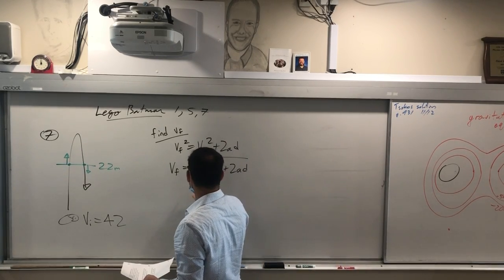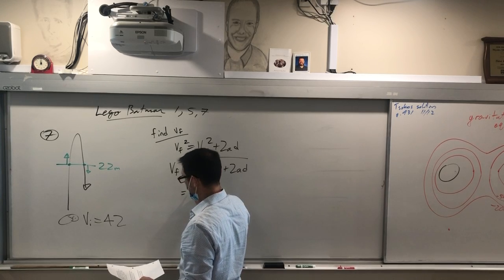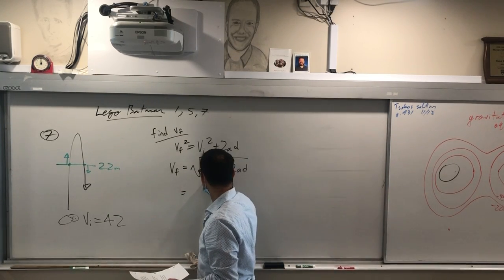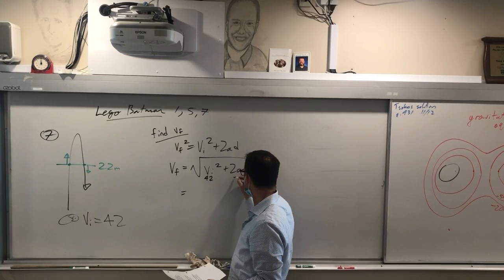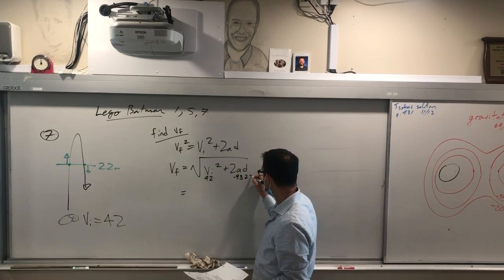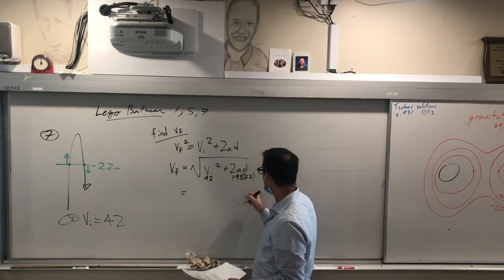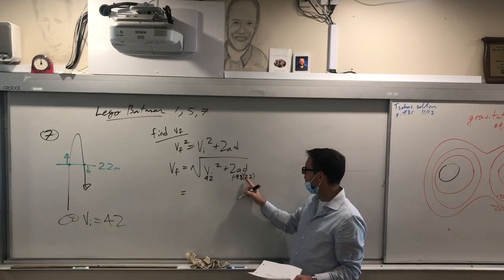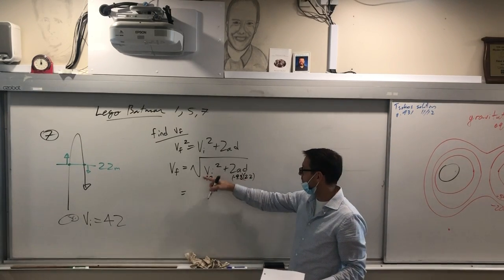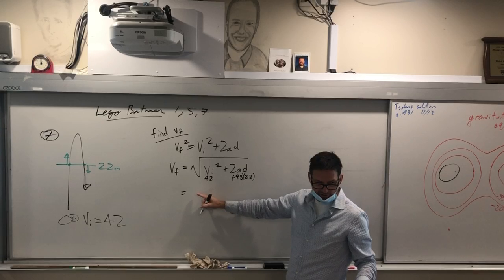If you calculate that out, that's going to be 42 squared plus 2 times negative 9.8 times our displacement of 22, right? So you're going to get a negative number, but the 42 squared is going to be bigger, so we're still going to have positive. And when we square root it, can someone tell me the answer for that?